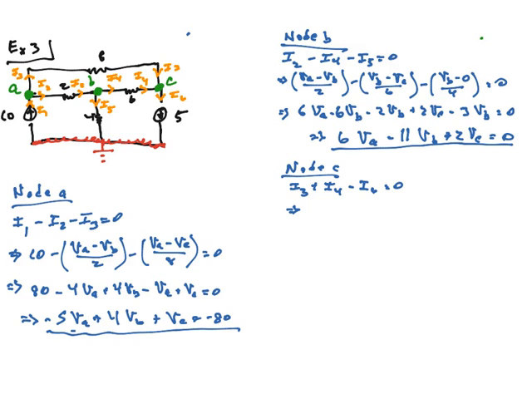I3 came from A and went to C. So VA minus VC over 8. What was I4? I4 came from B to C, so VB minus VC over his resistor is 6. And what was I6? I6 is a current source of 5, so 5 equals 0.